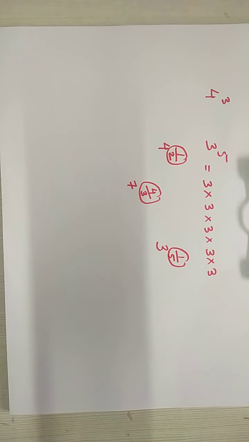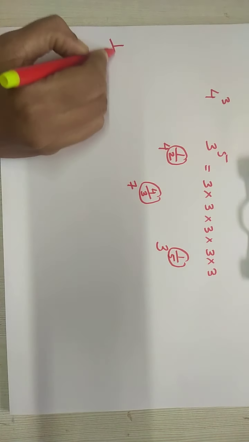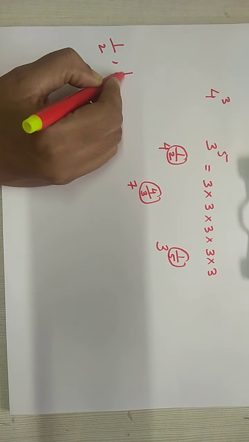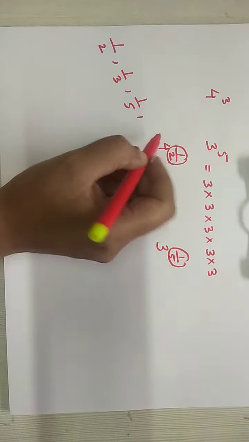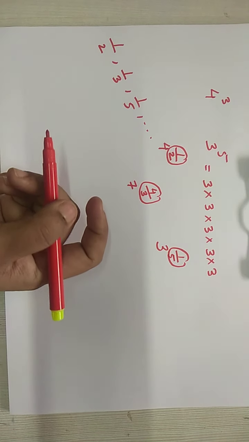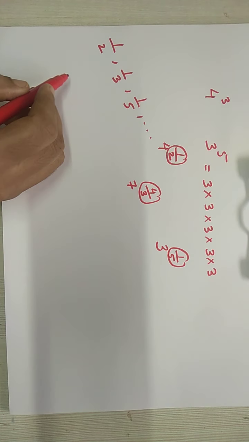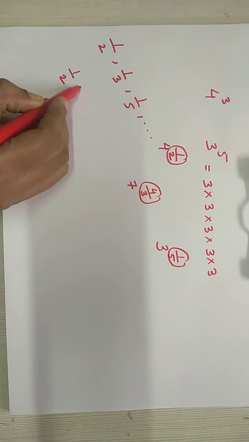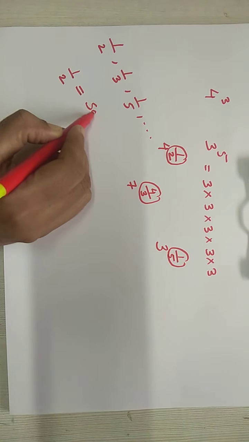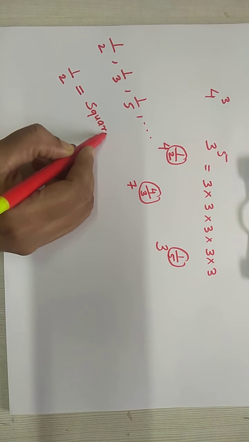Rational indices are actually of the form 1 upon 2 or 1 upon 3, 1 upon 5 and so on. What does 1 upon 2 mean? When we have an index 1 upon 2, it means square root of.